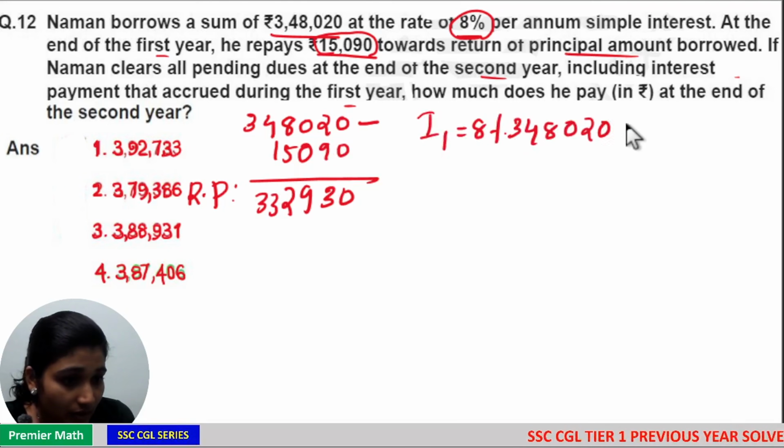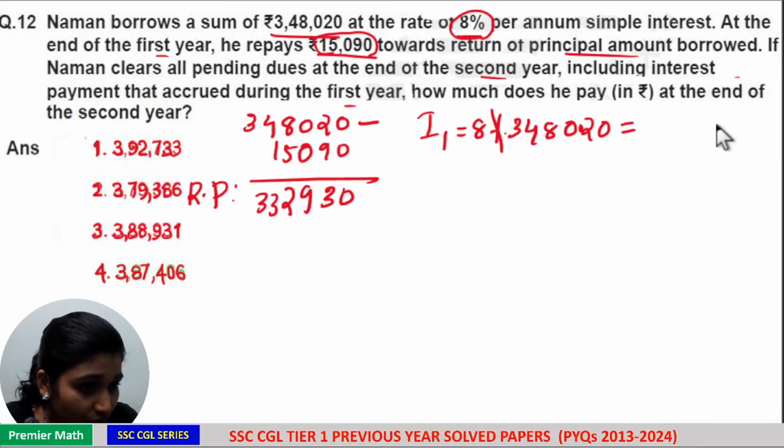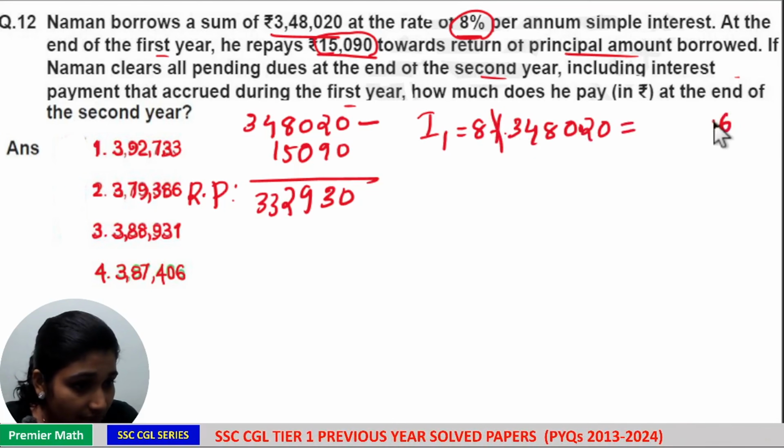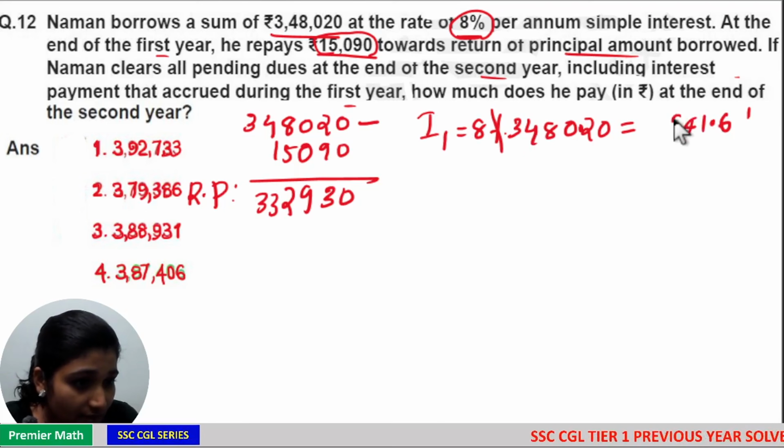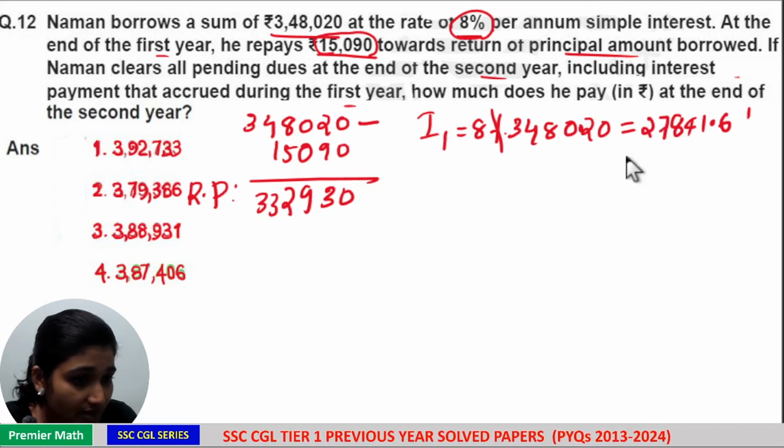So here percentage and double zero cancel. 8 into 2, 16, and here 8 8s are 64, 8 4s are 32 plus 6 is 38, 8 3s are 24 plus 3 27.